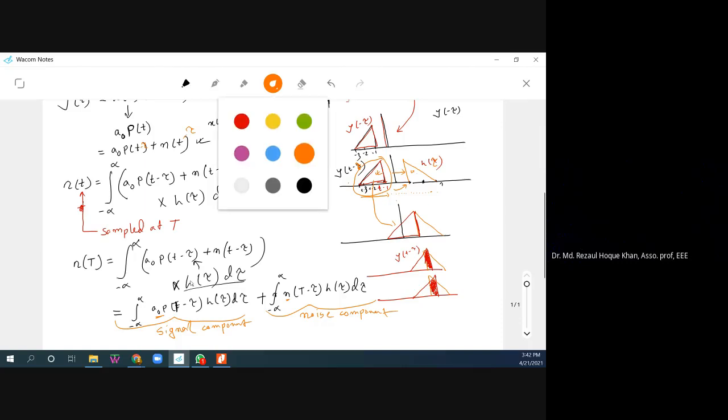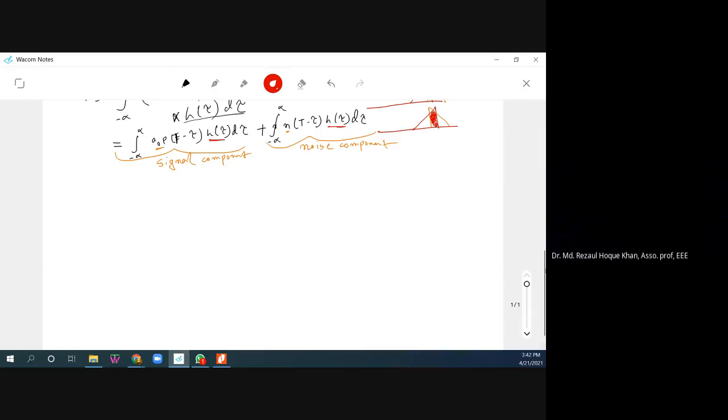Now see, this impulse response, or response of the filter, is with both of the terms, with the signal term as well as with the noise term.